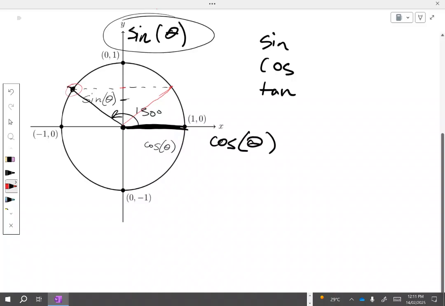Now, you'll also notice that if I extend this black line out here, that's half a circle, so 180 degrees, and the angle of my red line, that angle there, is 180 minus the angle of the black line.